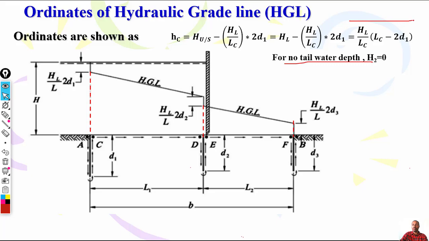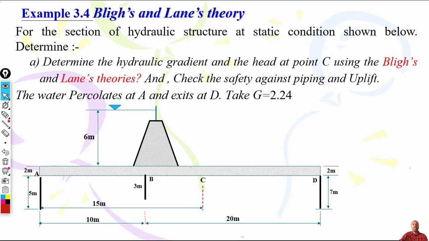You can compute H, the ordinate of the hydraulic grade line at any point C. You find the length up to C, and then 2 times D1. If you have D1, you can find the ordinate of the hydraulic grade line, HC. This is HC.